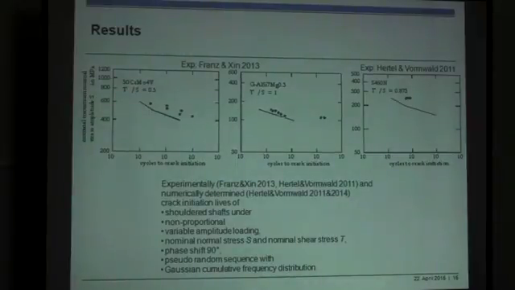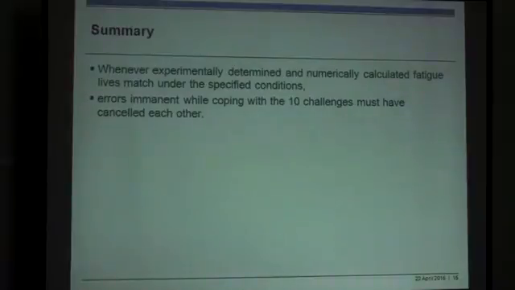So all evils of the world put together, experimental results are dots, and our calculations end up in these lines. So I conclude from this that whenever experimentally determined and numerically calculated fatigue lives match under these specified conditions, then the errors inherent in coping with the 10 challenges must have cancelled each other. Thank you.